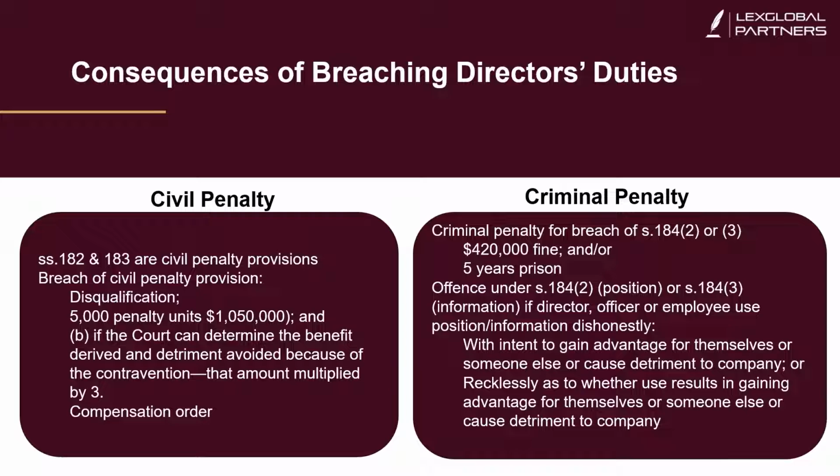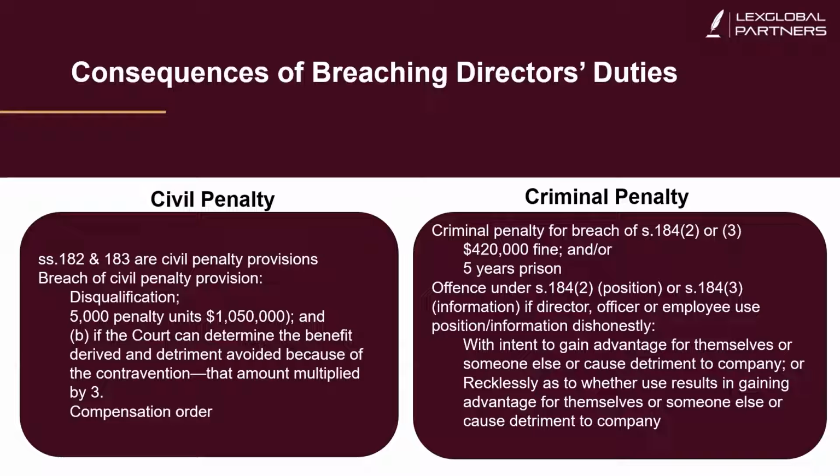However, that's a fine. And if the court can determine the benefit derived or detriment avoided because of the contravention, that amount is multiplied by 3. Or they can order a compensation order. Criminal penalty for breach of Section 184 is a very significant fine of $420,000 and/or 5 years imprisonment.